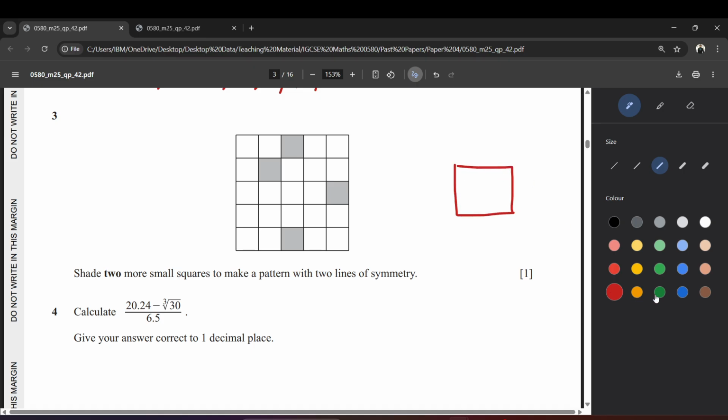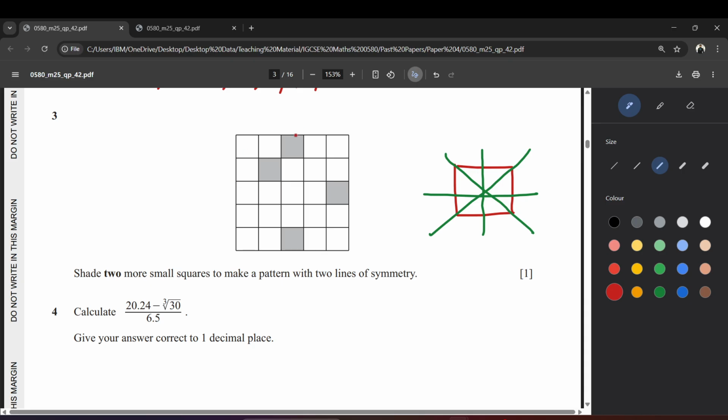We can have a line over here, we can have a line over here, we can have a line as a diagonal, and we can have a line as another diagonal. So we need to shade the squares in a way that we only have two lines of symmetry.